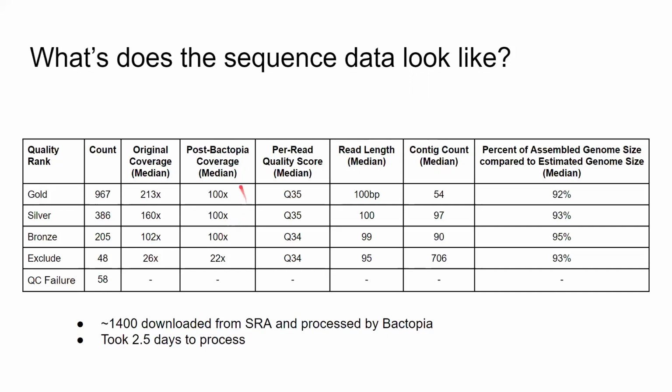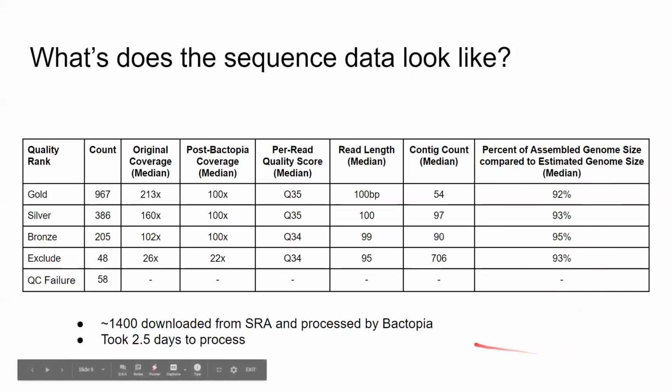Since with Lactobacillus we didn't know the genome size per se, we could estimate it using MASH. We did that to get this coverage, but we found that the MASH estimate is most commonly slightly larger than the assembled genome size in all our cases. There were a few where the assembled size was way larger than the estimated genome size, but those tended to have other issues, not necessarily the sequencing.